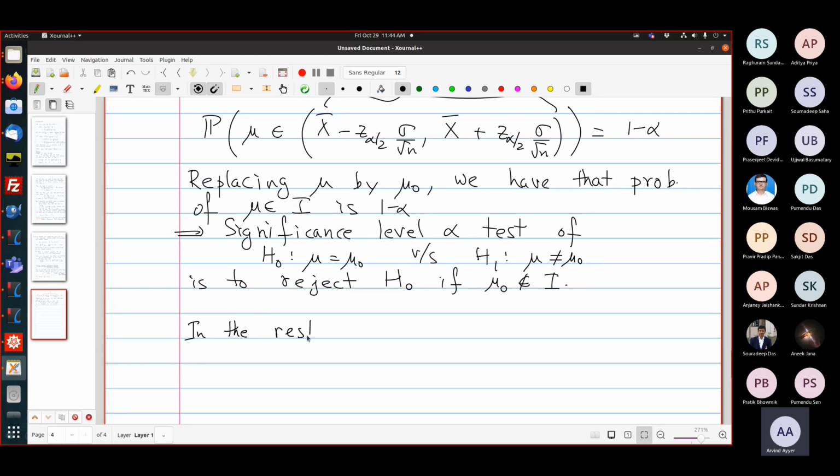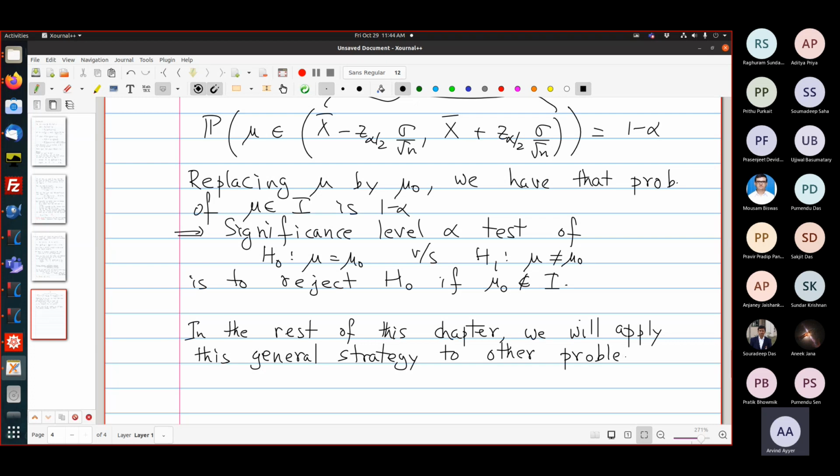In the rest of this chapter, we will apply this general flow of logic, or this general strategy, to other tests or other problems. Remember the kinds of things that we derived confidence intervals for.